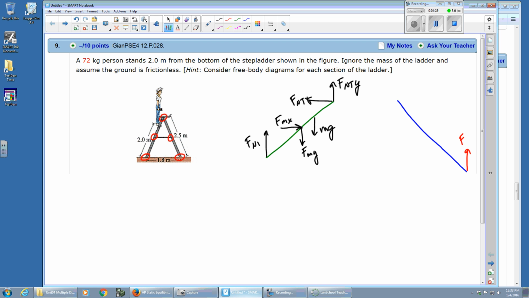This would be force normal 2. At the top here, I'm going to guess that there's a force normal top y2. Wow, that's getting messy.